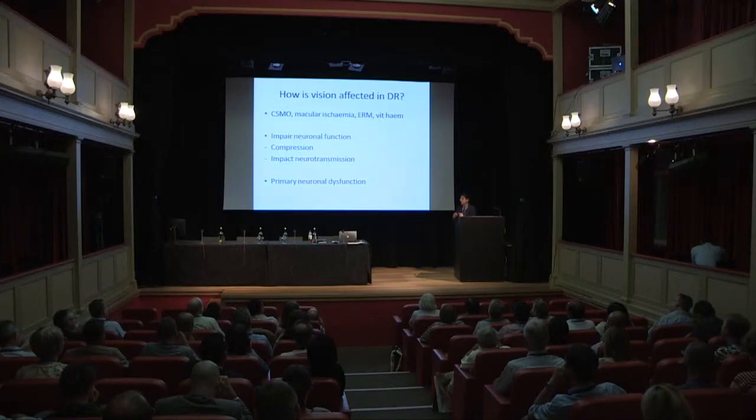But the issue is, we do get abnormalities in visual performance very, very early on, before any microvascular changes are visible clinically. So the change in understanding of diabetic retinopathy is that it may actually be a primary neuronal dysfunction.